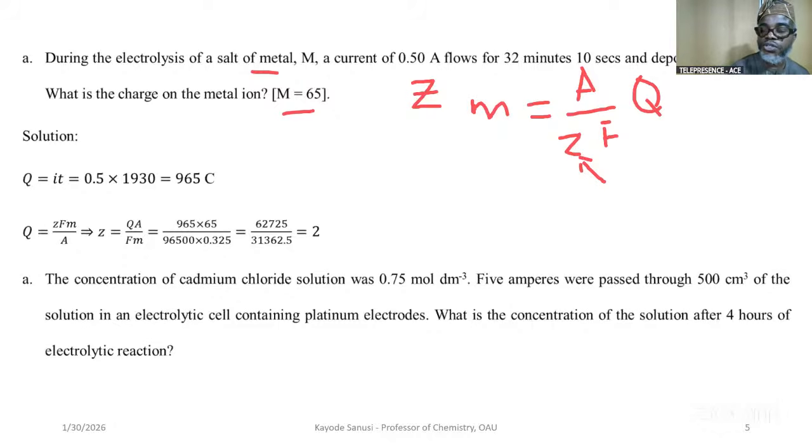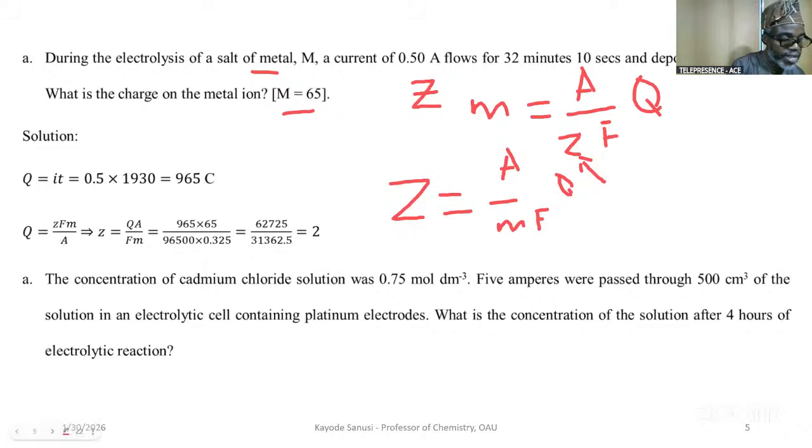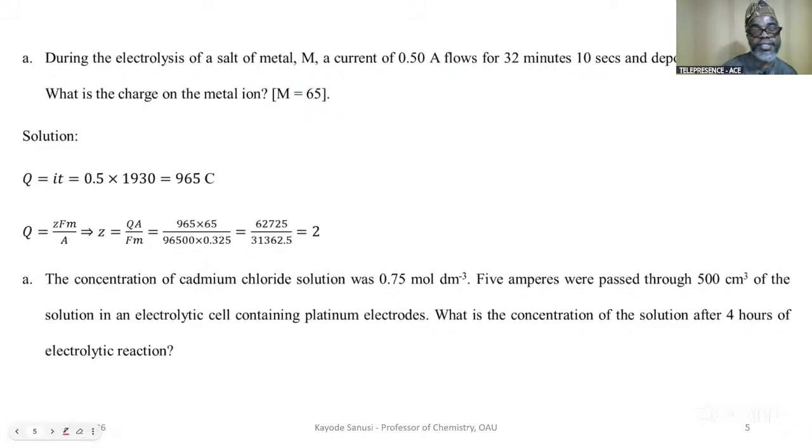So just substitute, all right? So what you have is Z equals A over M F Q, if you make Z the subject of the formula. The relative atomic mass is given as 65.